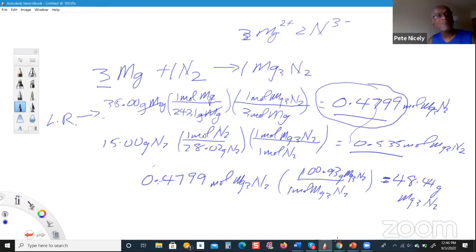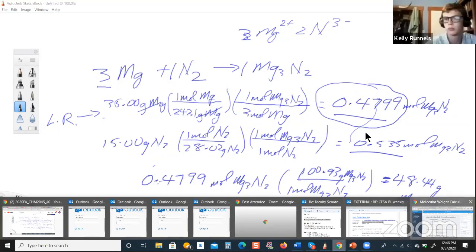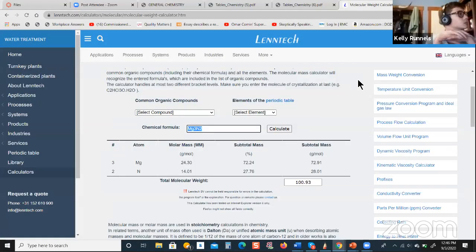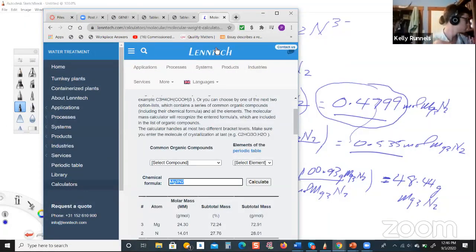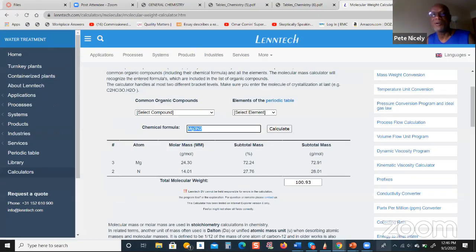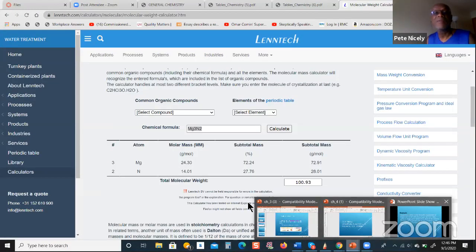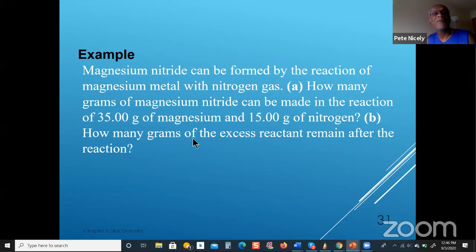Okay, so going back to the question, the B part. Oh, looking at the wrong thing, PowerPoint. The B part is asking how many grams of the excess reactant remained after the reaction.